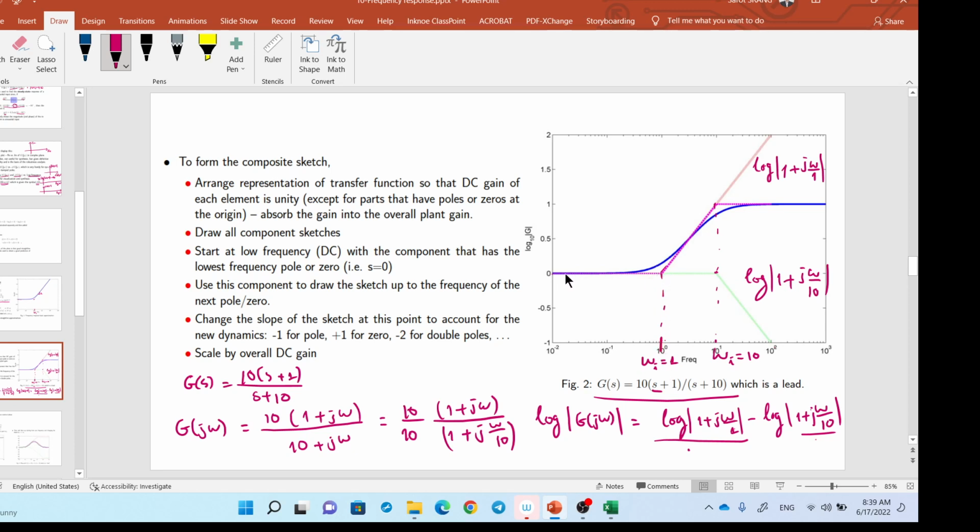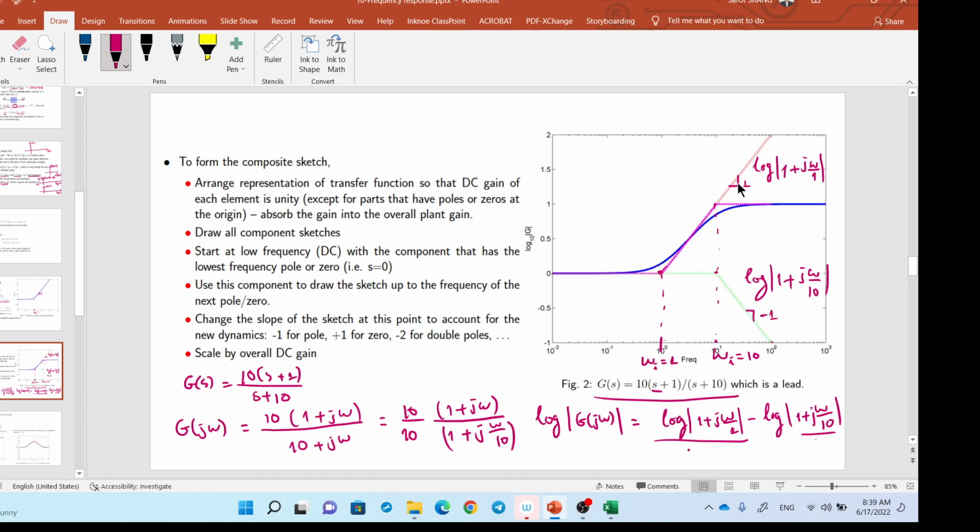So both asymptotes are 0, so you add up still 0. Okay, and for omega greater than 10, we have two opposite signs of the slope of the asymptote. This one slope 1, this one slope -1.